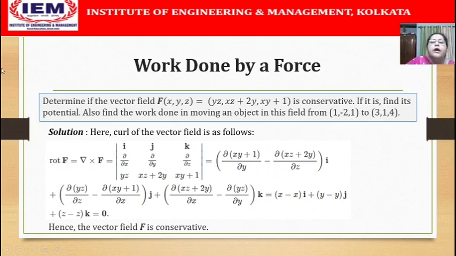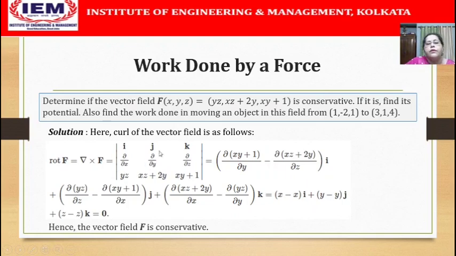So, in order to test whether the vector field is conservative or not, we calculate the curl of the vector field. So, the rot F or curl F is here i j k, del del x, del del y, del del z, and the components of the functions are now yz, xz plus 2y, xy plus 1.